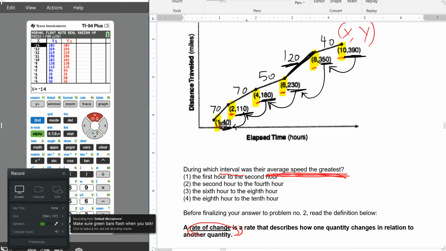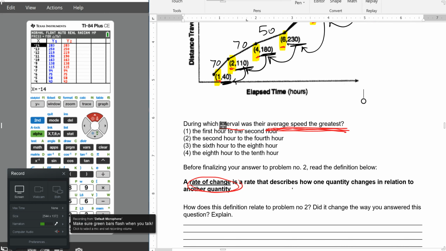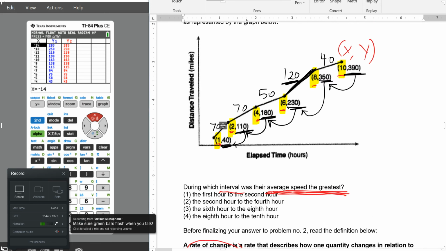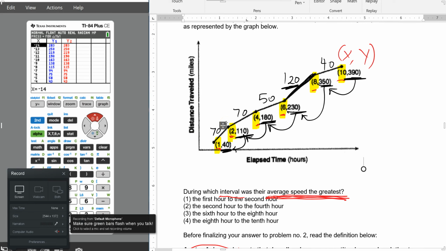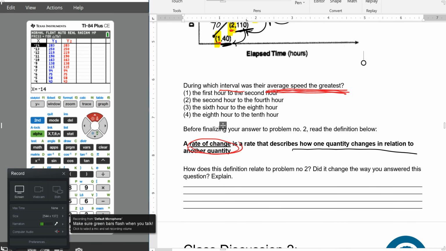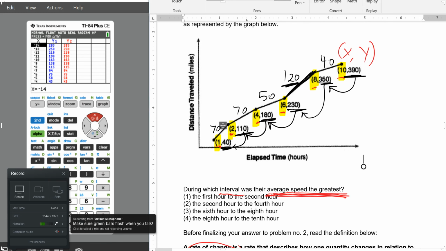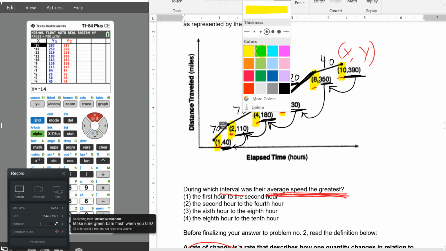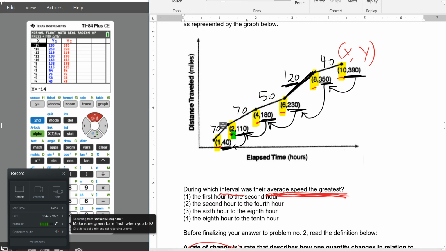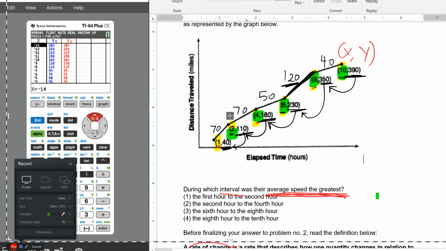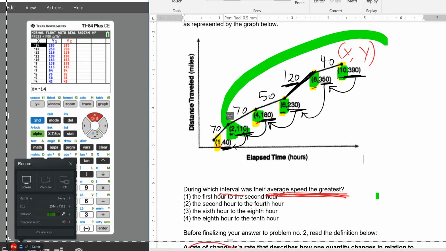However, if we go back to the definition, we need to see how one quantity changes, which is all we did. We checked how the distance changes, but in relation to another quantity, you have to pay attention to how much time has passed. If we do that, we would notice that for the most part, 2, 4, 6, 8, 10, we've been going by 2 hours at a time.